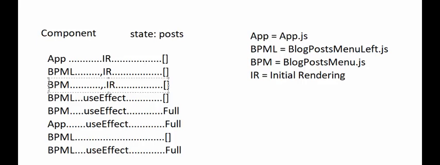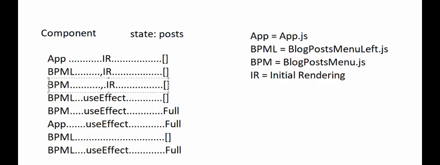There is no post. After the BPML initial rendering, we have the blog post BPM rendering. Take care: we don't stop. We go from top to bottom through the parent component.